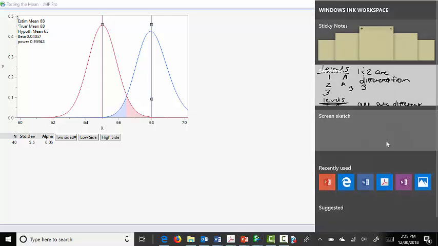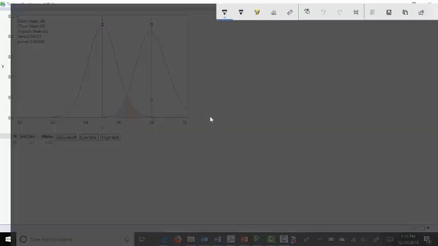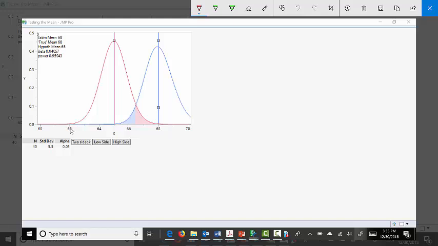In this scenario, the red distribution is the hypothesized mean. We're hypothesizing that the mean is 65 when the true mean is actually 68.